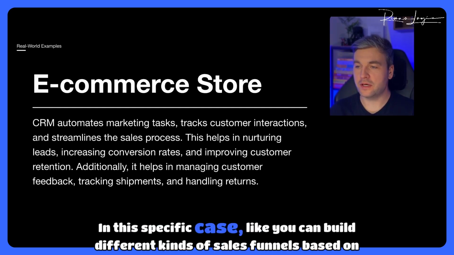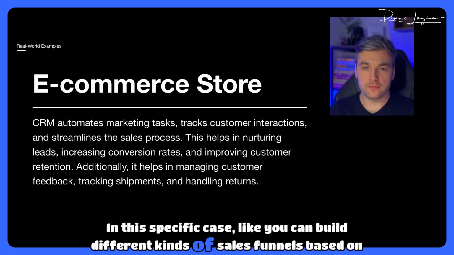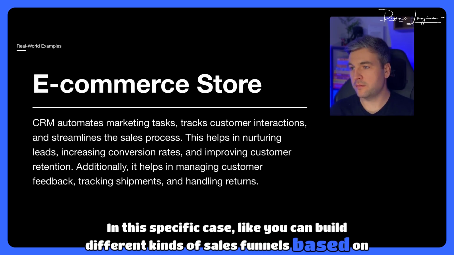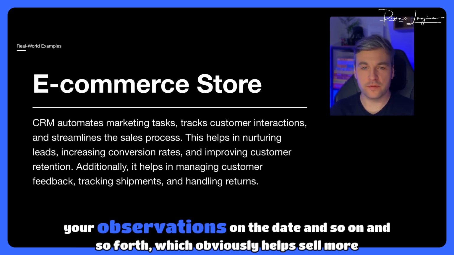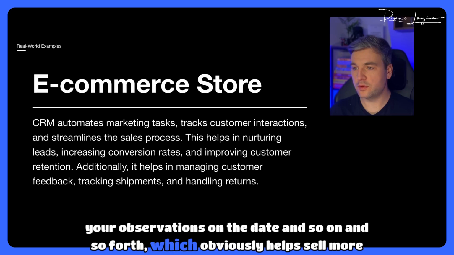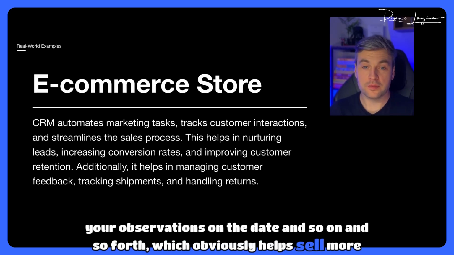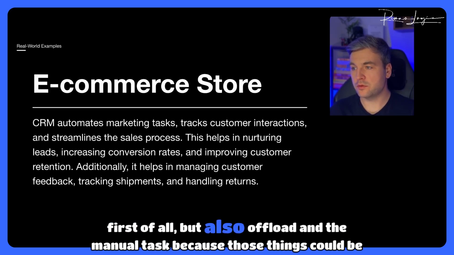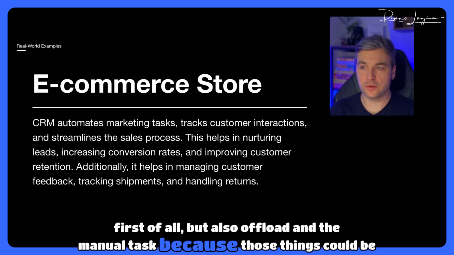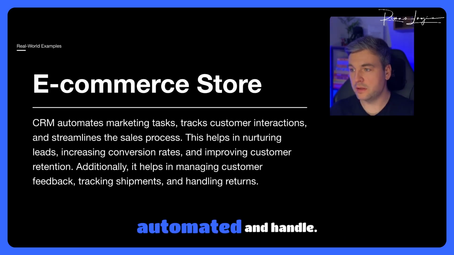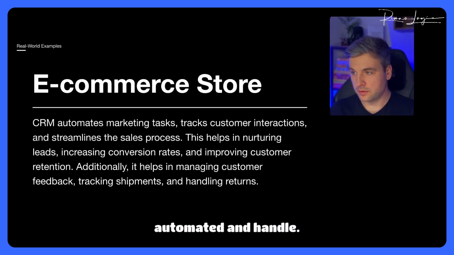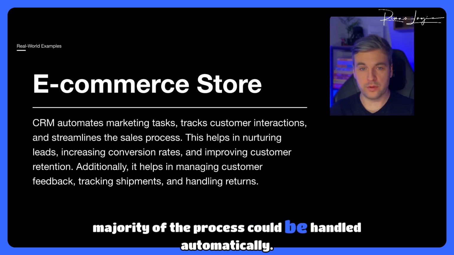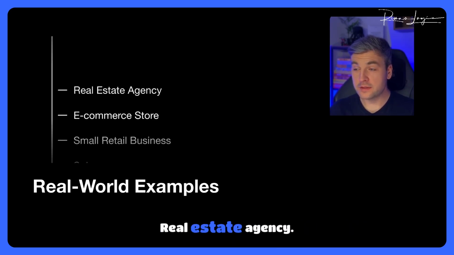In this specific case, you can build different kinds of sales funnels based on your observations and on the data, which obviously helps sell more, first of all, but also offloads manual tasks, because those things could be automated and the majority of the process could be handled automatically. Real estate agency.